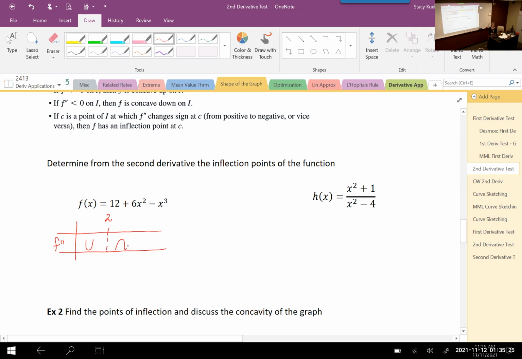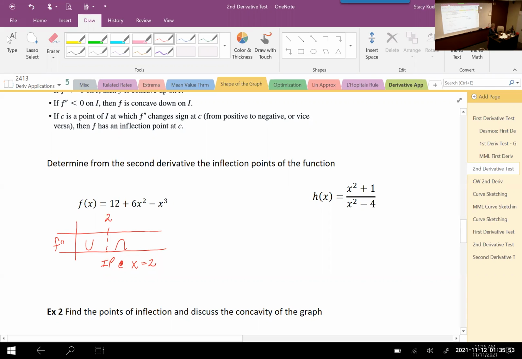So because the critical value exists there, and I'm changing from concave up to concave down, we have an inflection point occurring when x is equal to 2. All right, we have an inflection point that is occurring when x is equal to 2.